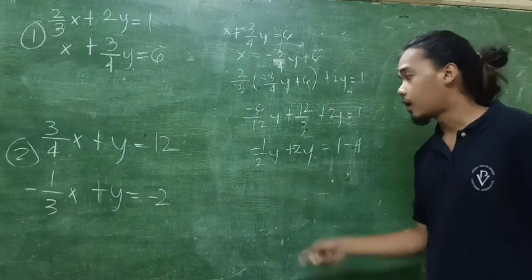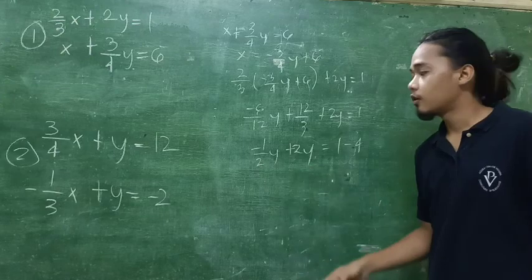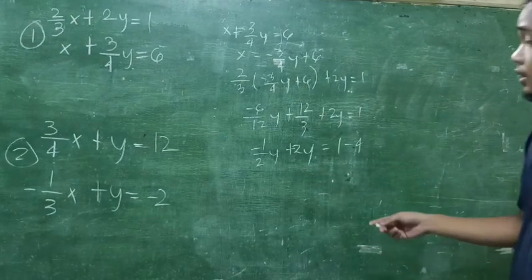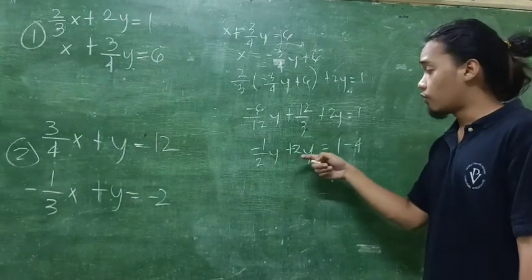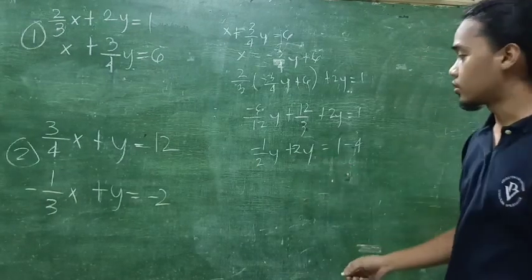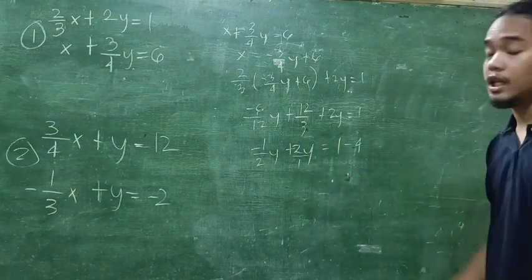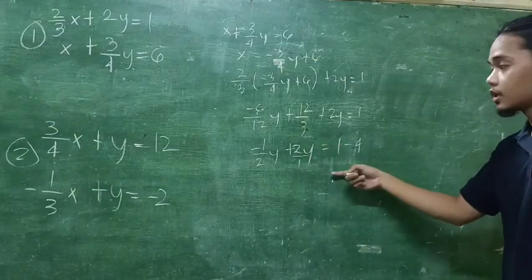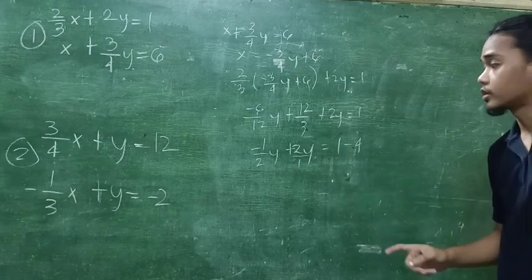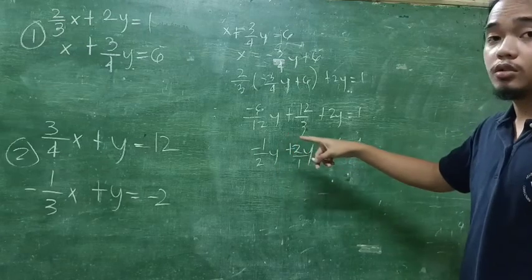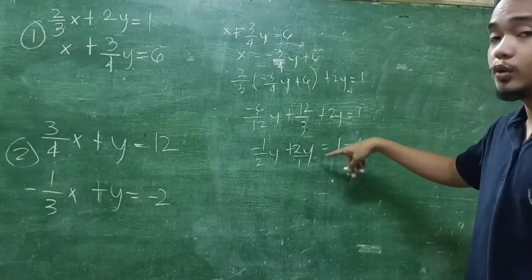Okay, we have a case here where we have to add a fraction to a whole number. We can write 2y as a fraction by putting 1 under it, because it is constant for every variable or number. So negative 1/2 y plus 2/1 y.